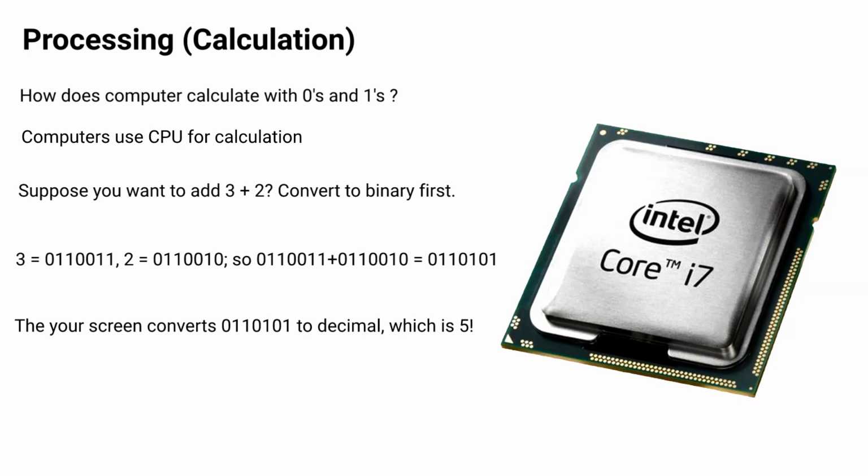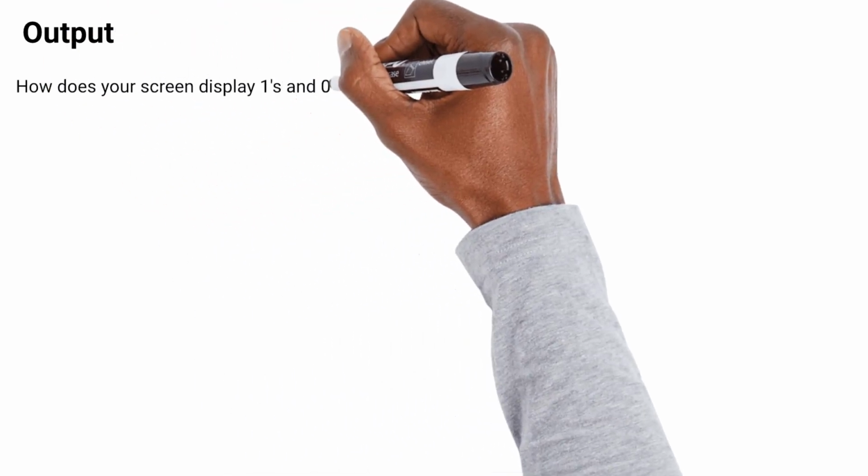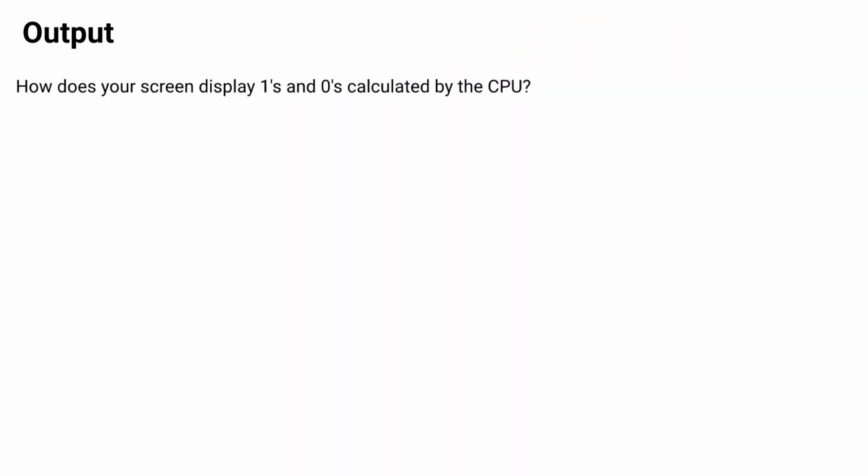Now, after the CPU does the calculation and gives us the result in binary, how do we get the result to be displayed on the screen? Because humans can't read zeros and ones; zeros and ones don't make any sense to you, right?